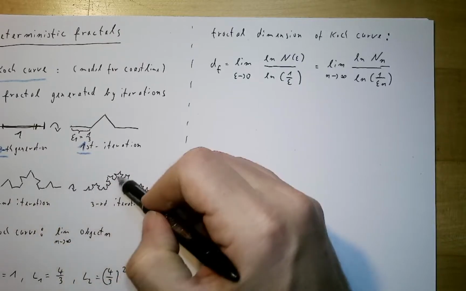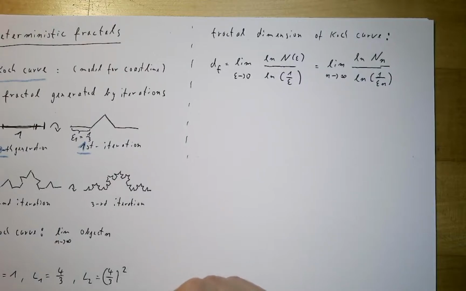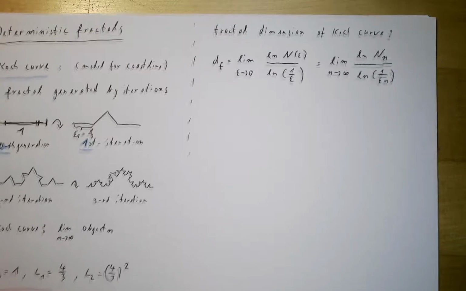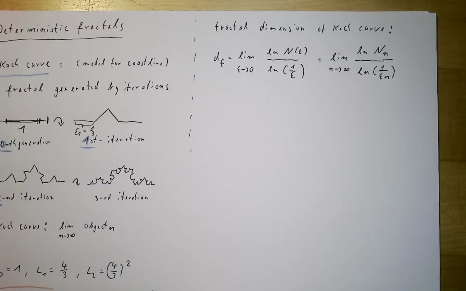And here 4 to the power 3. So N equals 4 to the power n, the number of objects that we need.